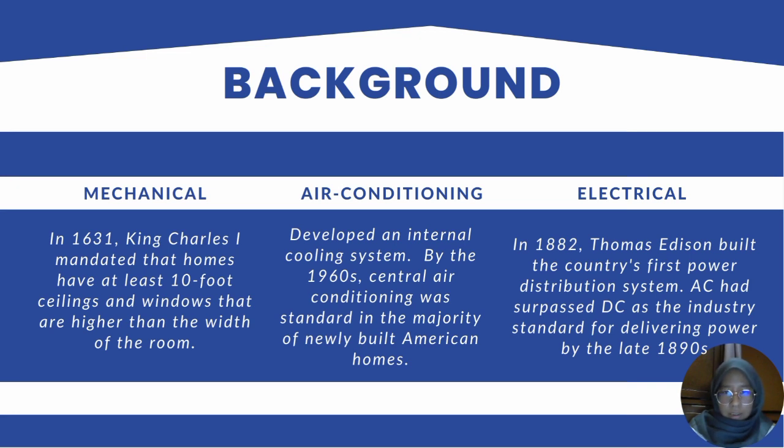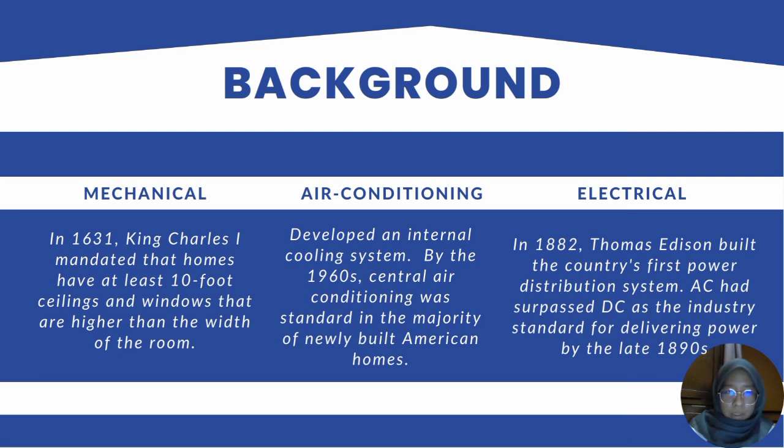Lastly, about the electrical distribution system. In 1882, Thomas Edison built the country's first power distribution system. Edison's design was revolutionary in that it separated the energy user from the energy source and its accompanying annoyances and risks, such as soot, smoke, and open flame.